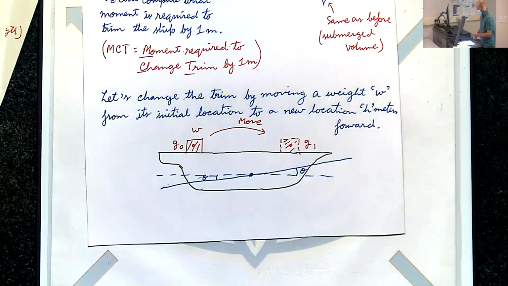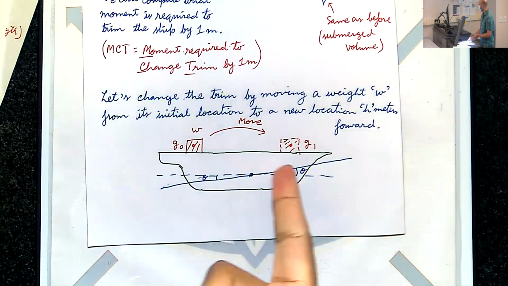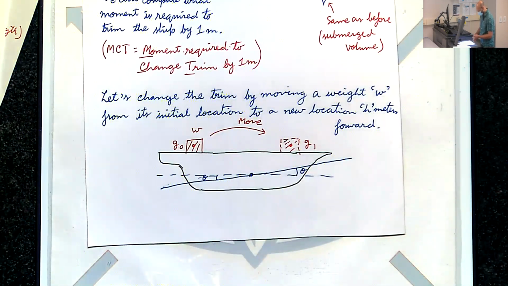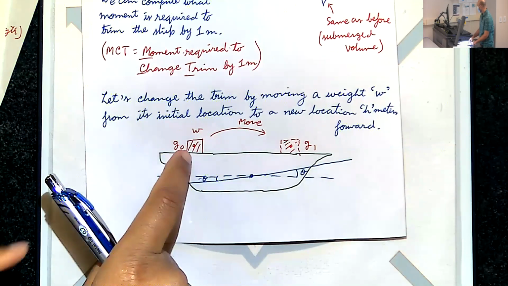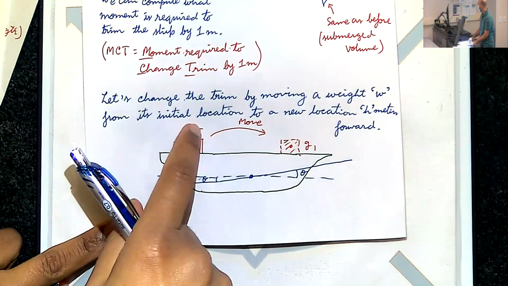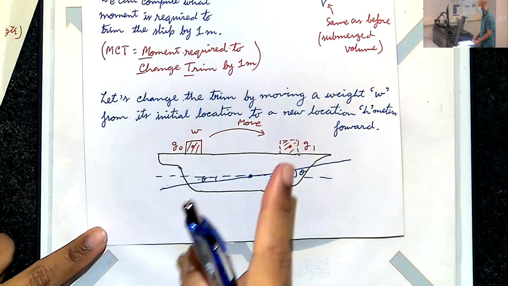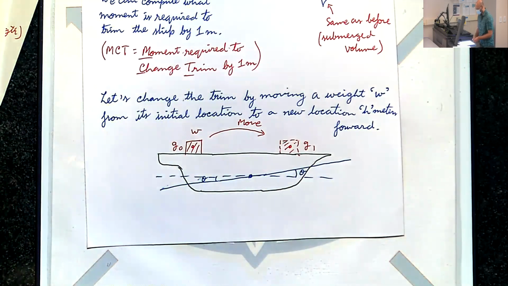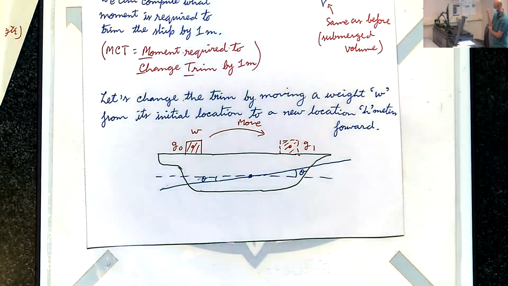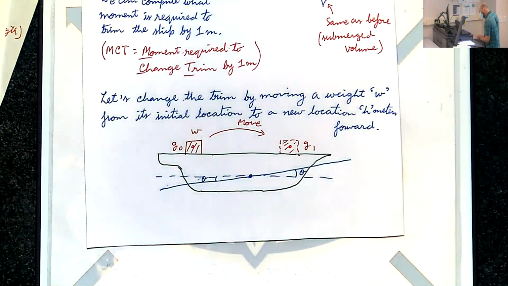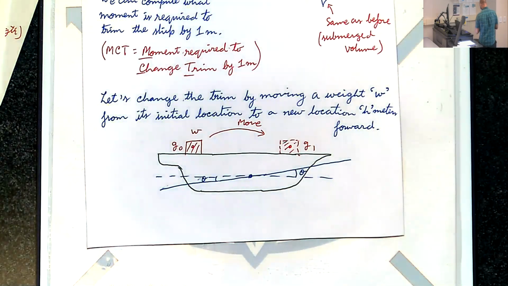All right. So when we do this, what's going to happen? When we take something off from the aft and move it forward, what is going to happen? Think in terms of center of gravity. What's going to happen to the center of gravity?